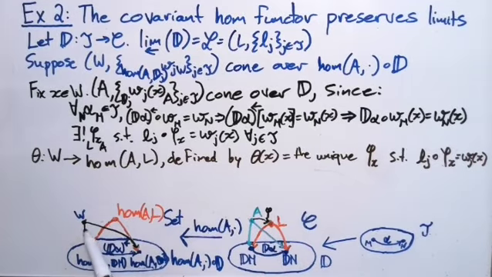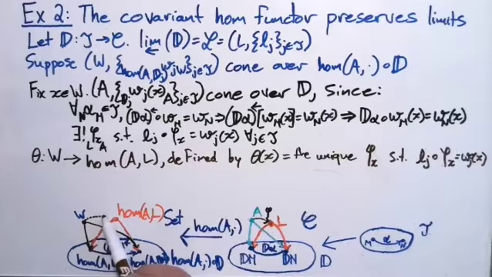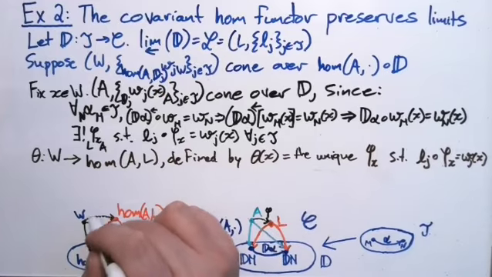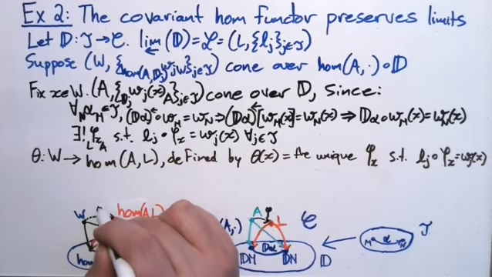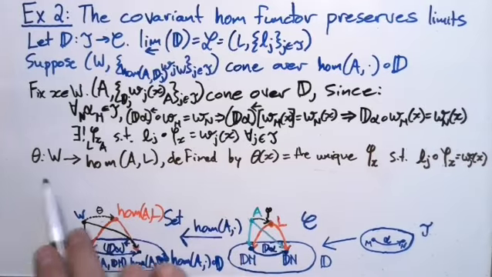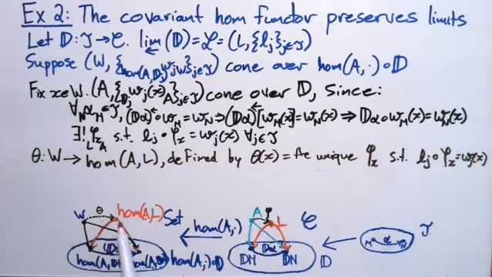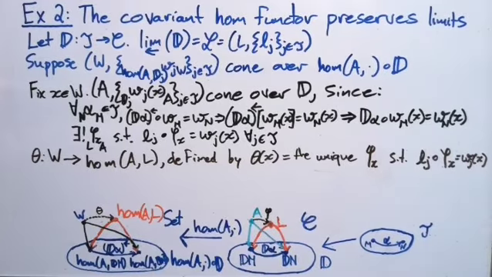So we have found a function here that we called theta going from W into the home set from A to L. And what we need to know is, does this theta make all of these legs of our W cone commute with all of the legs of our image of our limit here? And, of course, it needs to be the only one that does that, right?